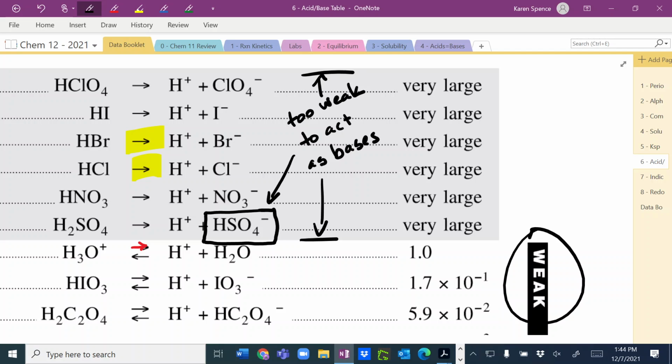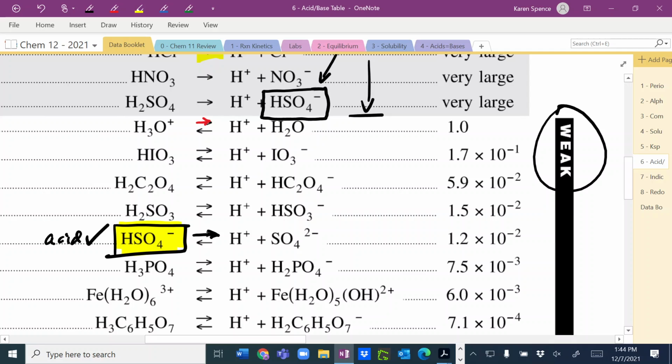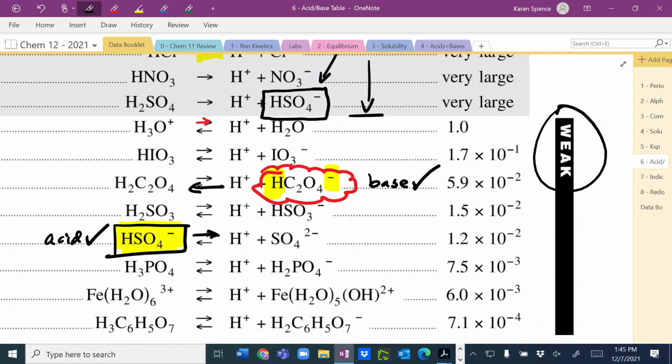Every other one though, let's go look at a couple. Oh look, here is a substance that has an H and a negative, HC2O4 minus. And it has an arrow going that way, so we would say base. Yes. Can you find HC2O4 minus on the acid side?